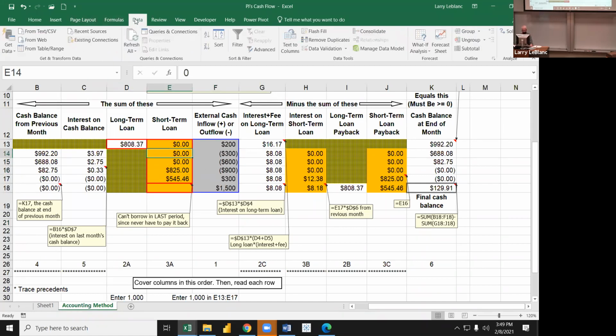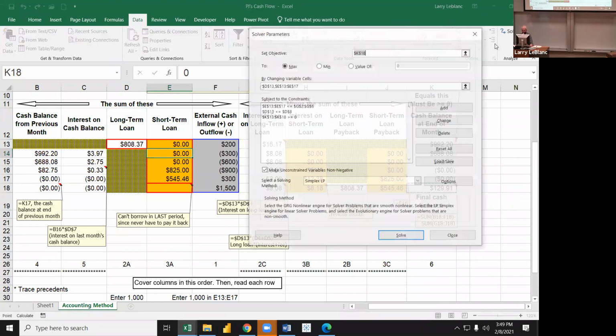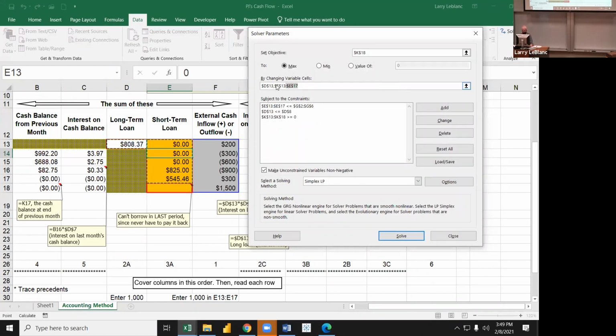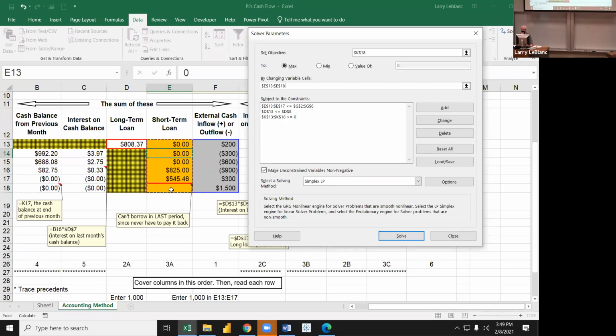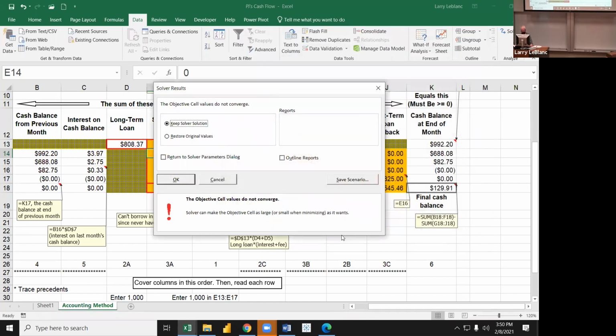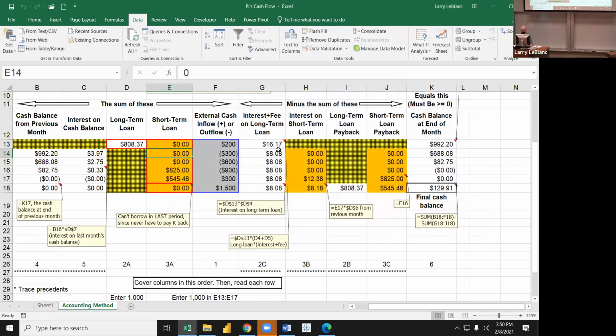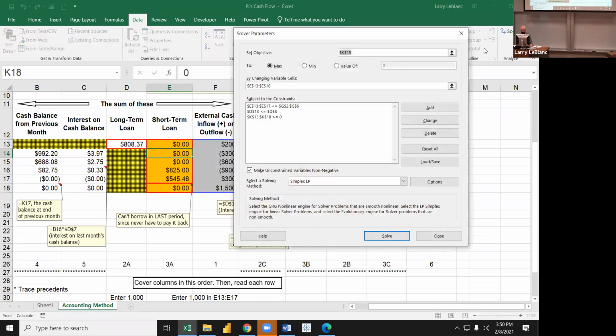Let's go back to Solver and tell it the changing cells now include the big loan and the little loans, including how much we borrow at the end of the horizon, in the last period. Looks like you can go forever. E13 to E18.